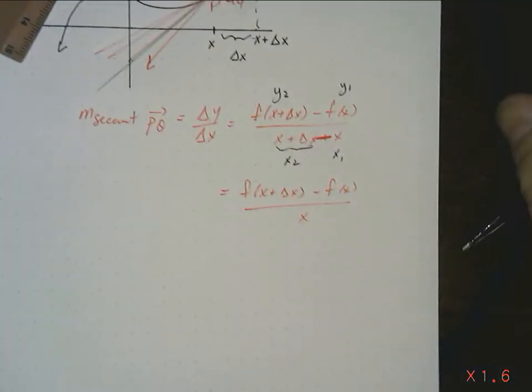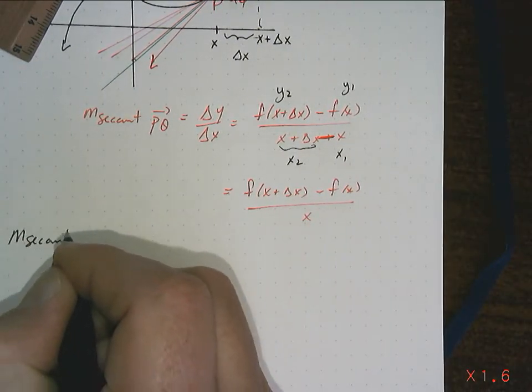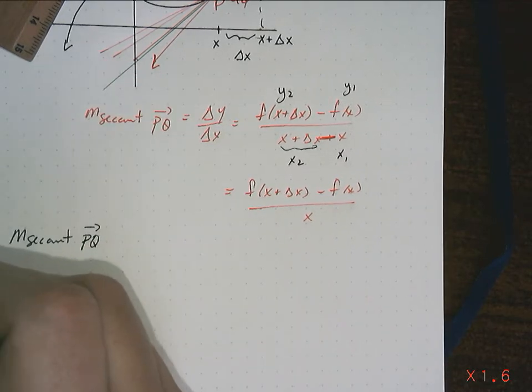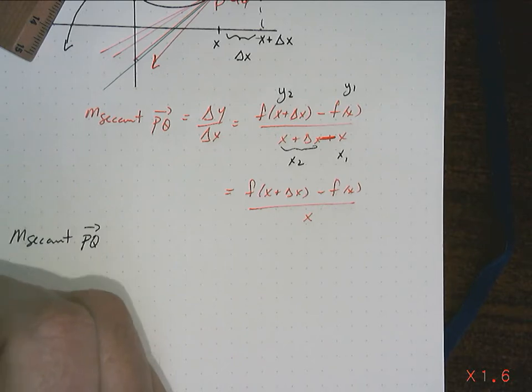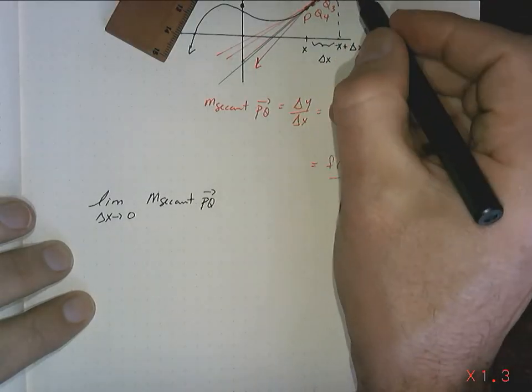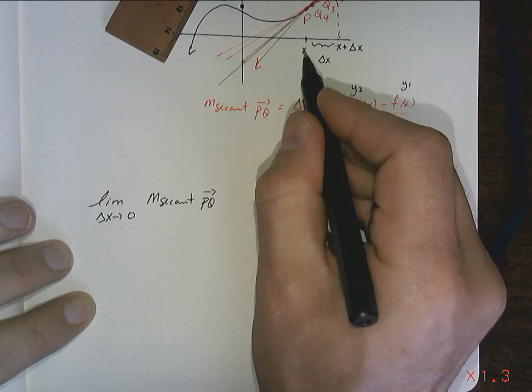So what's happening here is we're going to take the slope of the secant, PQ, and we're going to take its limit as delta x approaches 0. We're going to allow this Q value to get closer and closer and closer to the P value.